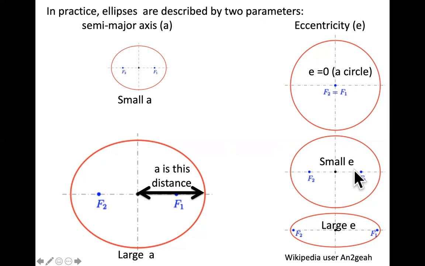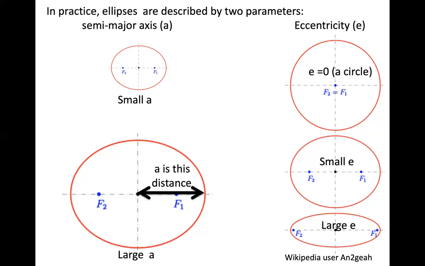If you start pulling them apart, you get increasingly large values of eccentricity, and that creates an increasingly elongated structure. So eccentricity is basically how circular to elongated the orbit is.